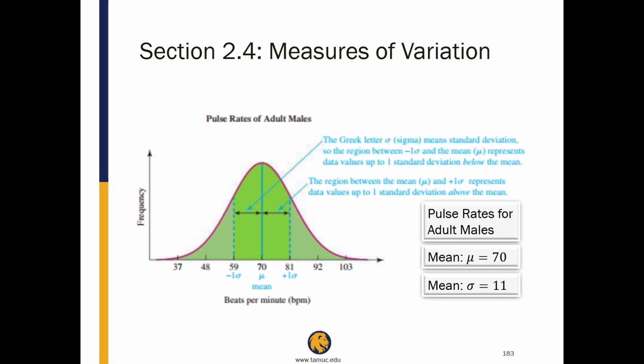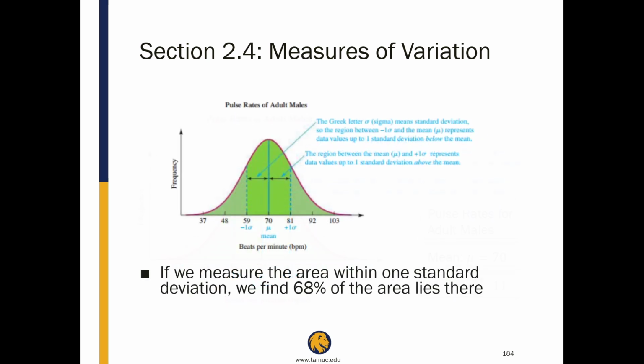So in the middle is the 70, and if we were to go through here and subtract 11 and add 11 to the 70 in the middle, we'll get 81 and 59. And if we measure that area within one standard deviation, we find 68% of the area lies between 59 and 81.